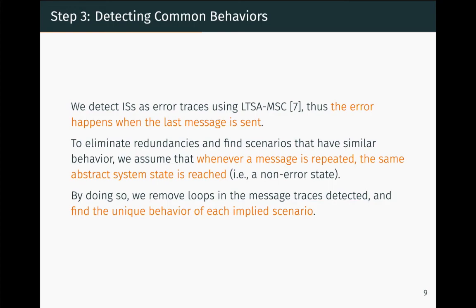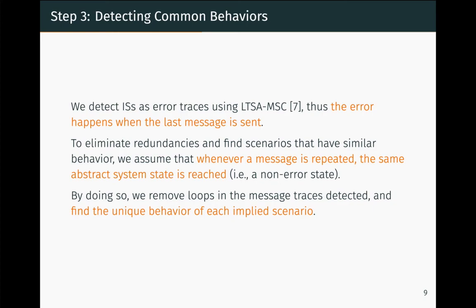As a proof of concept, we use the tool LTSA-MSC to detect implied scenarios. This tool detects implied scenarios as error traces, which means it's a sequence of messages, and the last message is the one that caused an error. So we assume that whenever a message is repeated, the system is going to a same abstract non-error state.